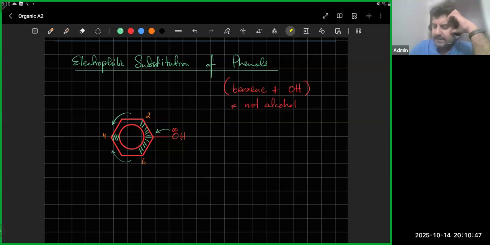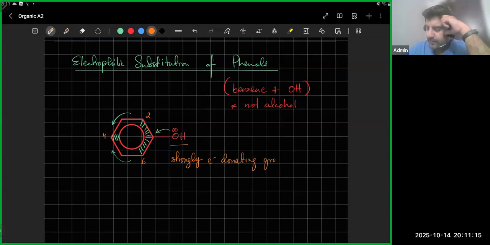Now the thing is that this OH group, compared to arenes, is significantly electron donating. Okay, so its effect is stronger. It's strongly electron donating because it's got a whole lone pair that it can donate. Oxygen has a lot of lone pairs, it's got 2 lone pairs. So what happens is that the charge density on the benzene increases significantly.